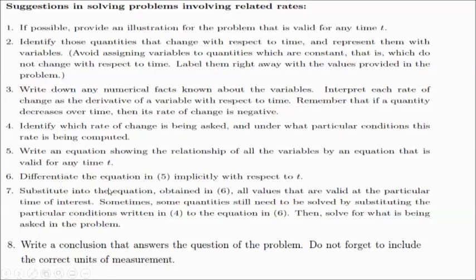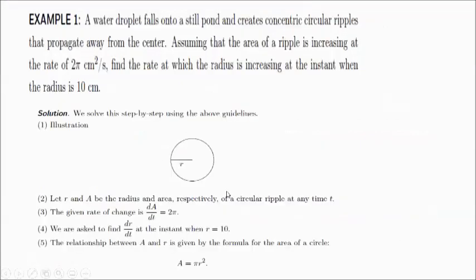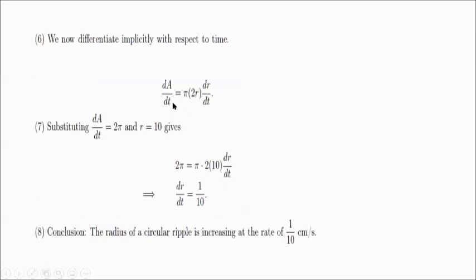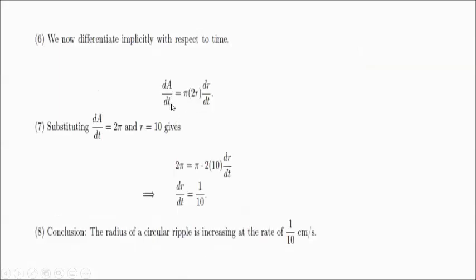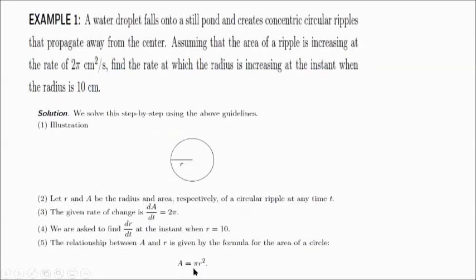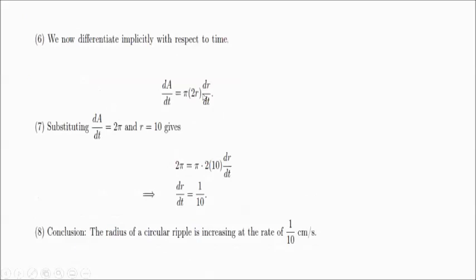6, differentiate the equation in number 5 implicitly with respect to time. So that is why dinescuss natin yung implicit differentiation. So from here, derive. So a derivative niya is dA over dt. And then this one, 2 pi, so bring down yung 2 pi r.